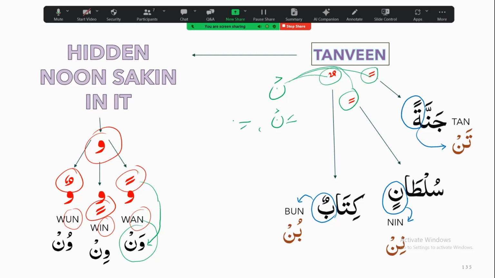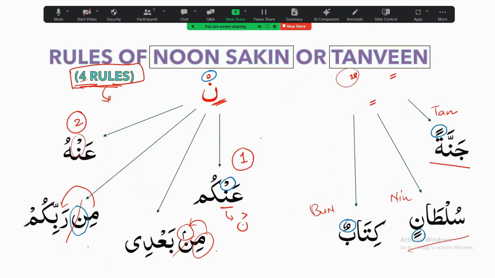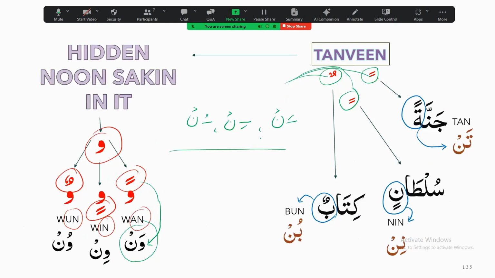For kasratain, a kasra with a noon sakin, and dhammatain, a dhamma with a noon sakin. So that is why the rules of noon sakin and tanween are shared, they are sharing these four rules, because the topic is noon sakin and tanween. Tanween again has a noon sakin hidden in it.